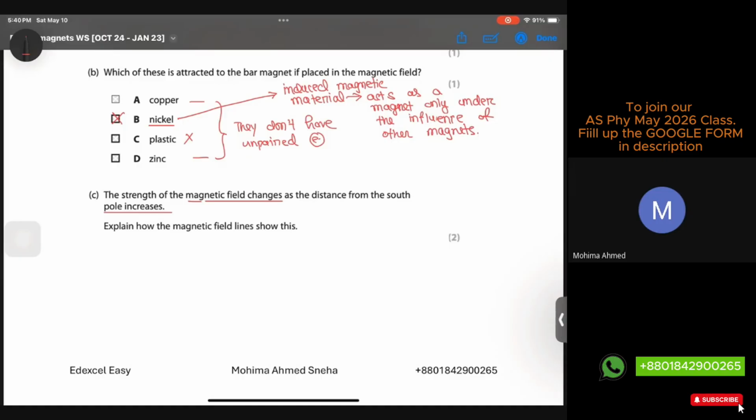So we can say that as you move further from the pole, the distance between lines increases, showing weaker field strength.